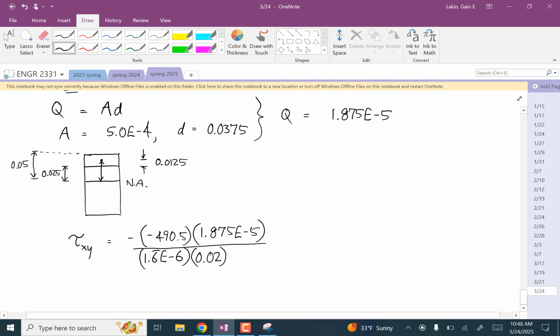That's our B. And I get positive 0.276 times 10 to the 6 pascals.